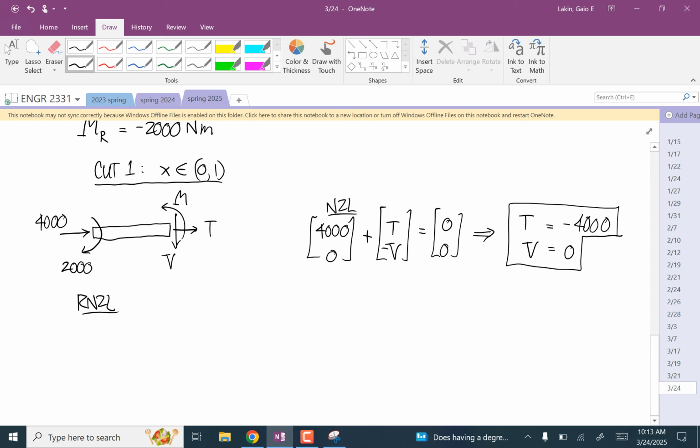So about the z-axis, we have negative 2,000 plus M is equal to 0. I guess you could say we also have minus V times x, like always, but that goes away because V is 0. So M is equal to 2,000 Newton meters.